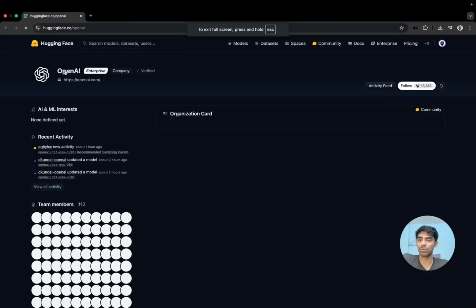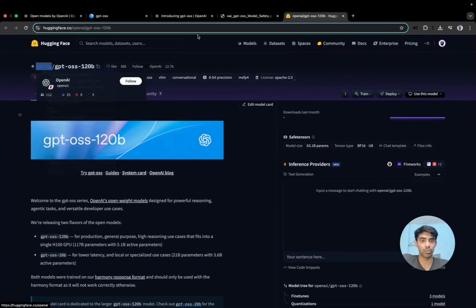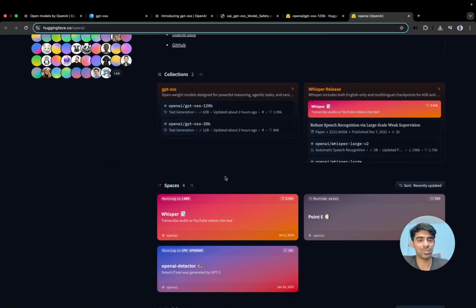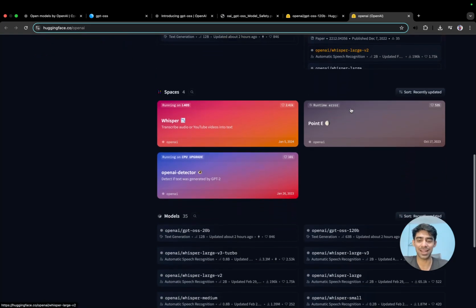If you go to their website, right, I should have opened it here. Yeah, now if you go here, you will see directly after GPT-2 we are getting GPT OSS 120 billion. In the collections also you will see only Whisper, which they released I think in 2022, and now we are getting directly this.